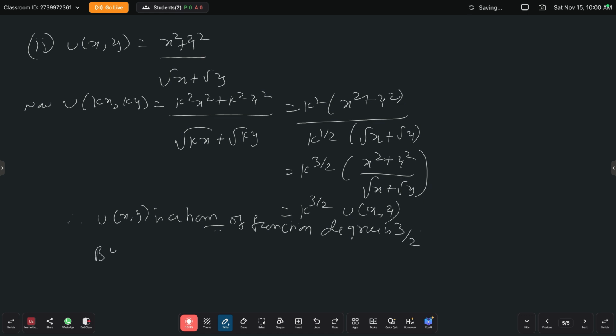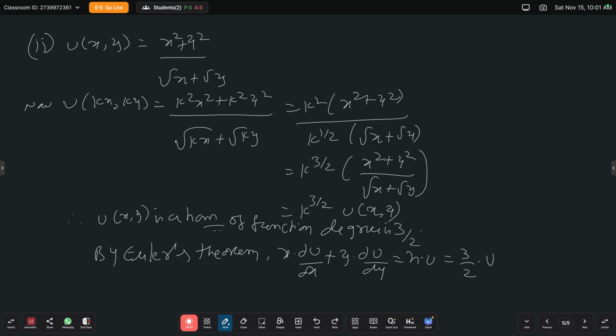Therefore, by Euler's theorem, x into dou u by dou x plus y into dou u by dou y is equal to n into u. Here n is nothing but 3 by 2, so 3 by 2 into u. That is the solution for the second problem.